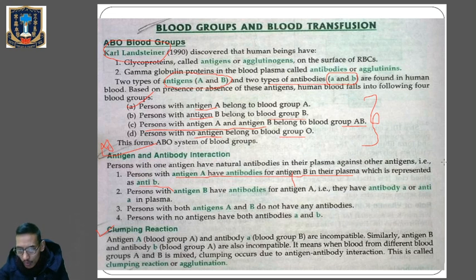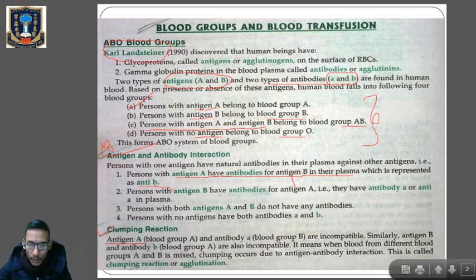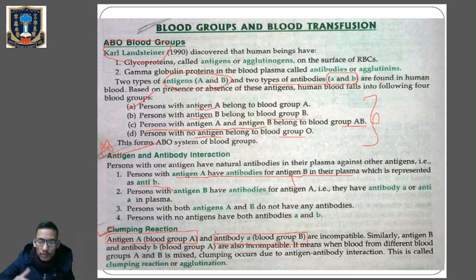If you look closely, the antigen A is present on blood group A, and antibody A is present on blood group B. So during blood transfusion, when we give blood group B to a recipient having blood group A, the antibody A will work against the antigen A. So there will be antibody-antigen reactions because they are incompatible.